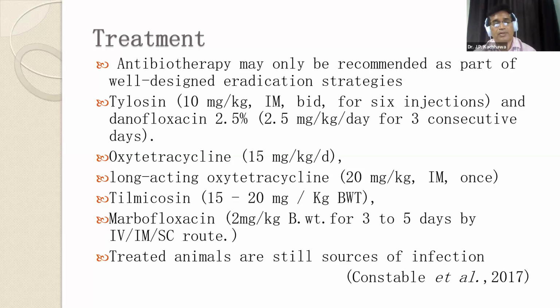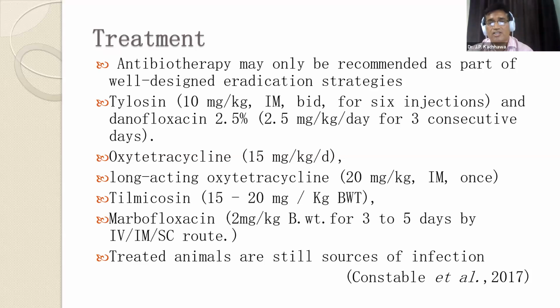This medicine can also be given as a single shot at the dose rate of 8 milligram per kilogram body weight. But antibiotic therapy is generally recommended with a proper strategy to control this disease. Sheep and goat are a major source of protein of animal origin for human consumption.